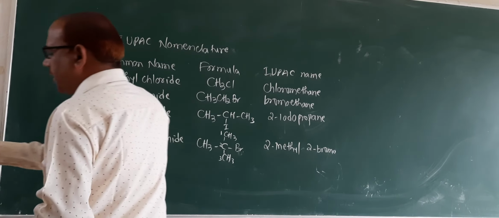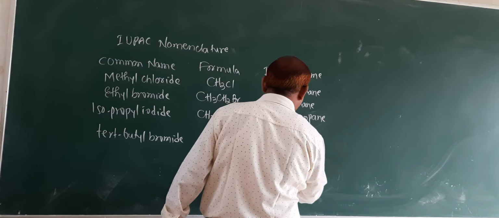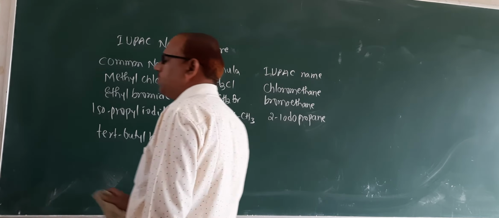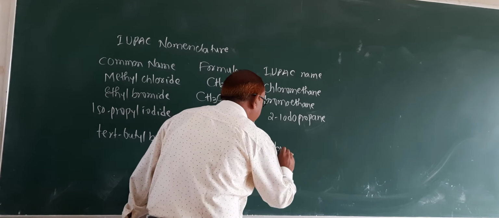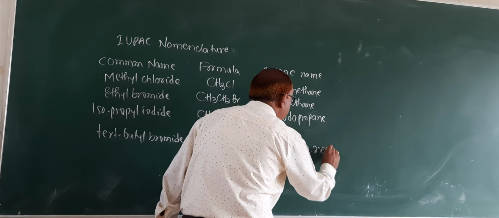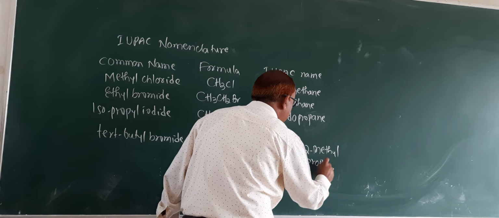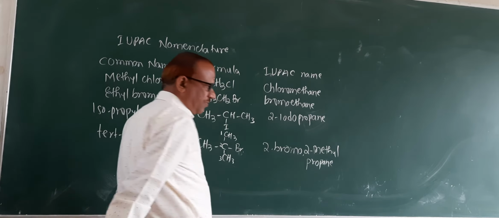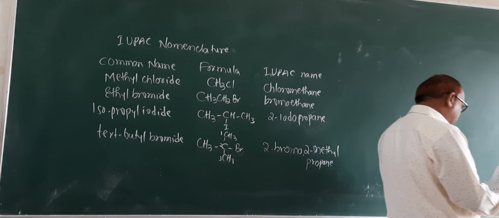According to alphabetical order, instead of methyl you must name the bromo first. So its name should be 2-bromo, 2-methyl, 2-bromo-2-methylpropane is the IUPAC name. It is an important example you may expect in the examination for 1 mark.